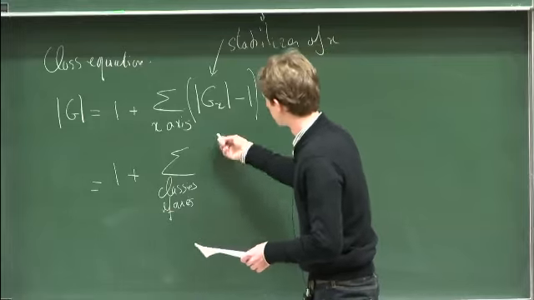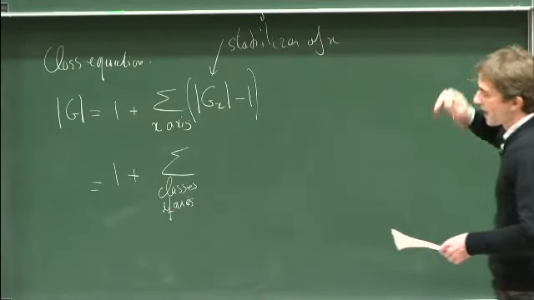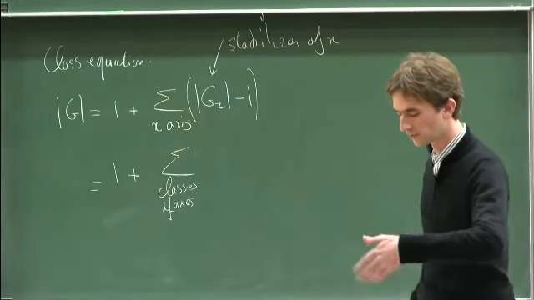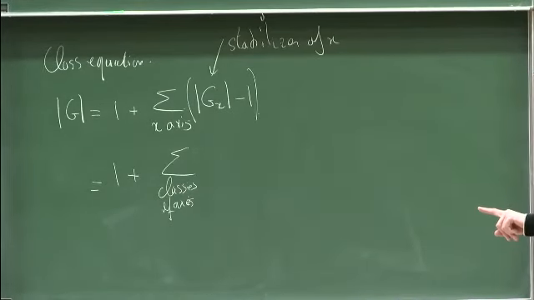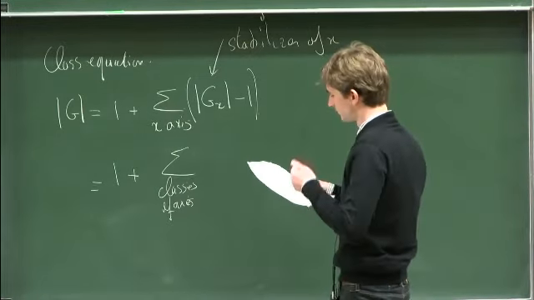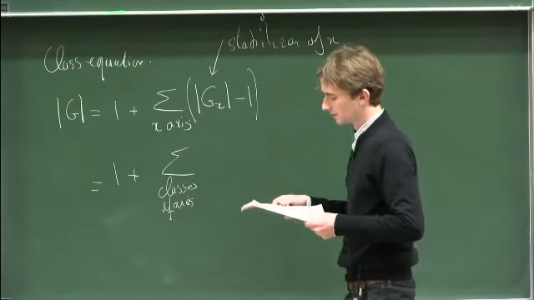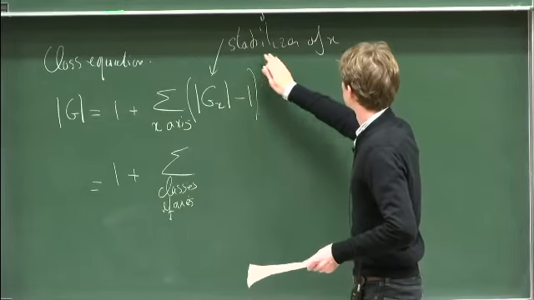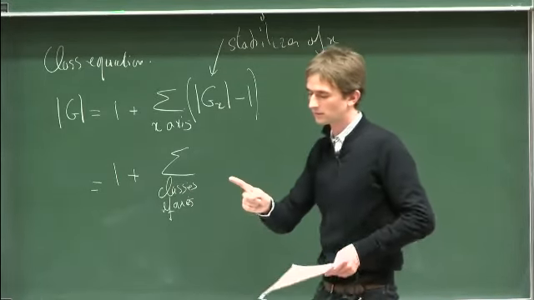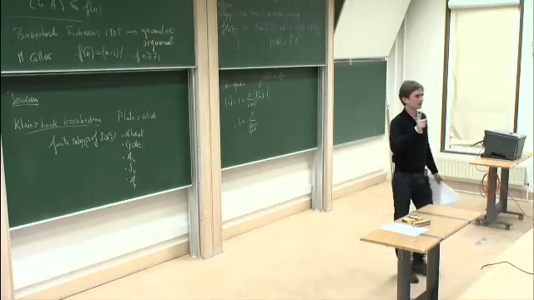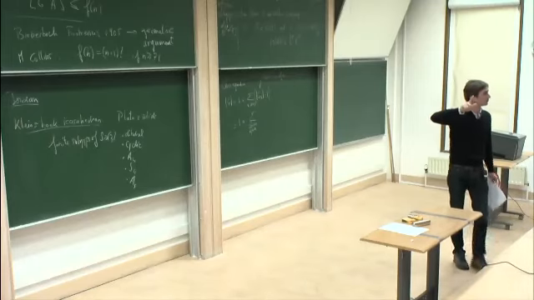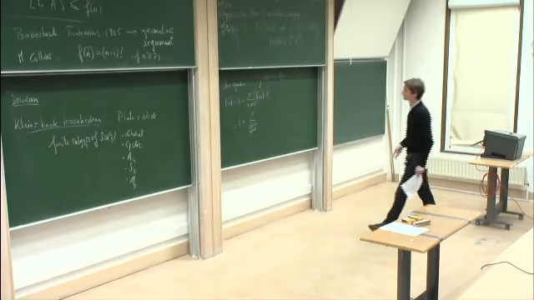So the group G acts on the axes, and when you stabilize an axis, you have two possibilities. You can either swap the two poles, or you can preserve the two poles.